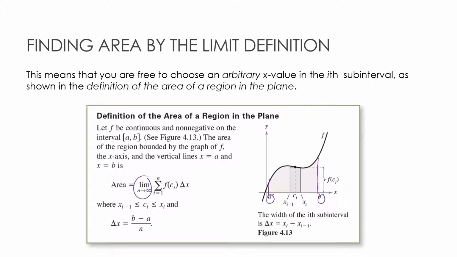So that's what we did before: we said n approached infinity, which means an infinite number of rectangles, of the summation of f of c sub i delta x, where sometimes we're using the left-hand side, which is x sub i minus 1, and sometimes we're using the right-hand side, which is x sub i, and of course delta x is still that same function. So this is really just a slide summarizing what we've already done. Nothing new on the slide. If you understood those examples we went through, that's exactly what this is saying.